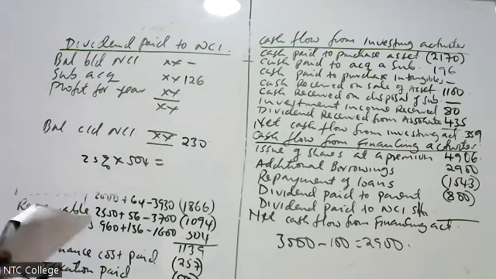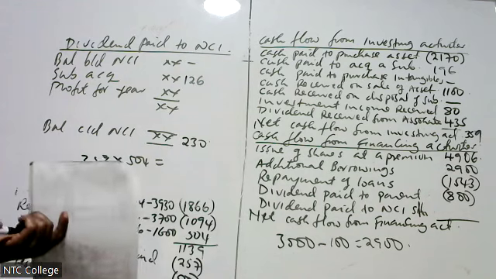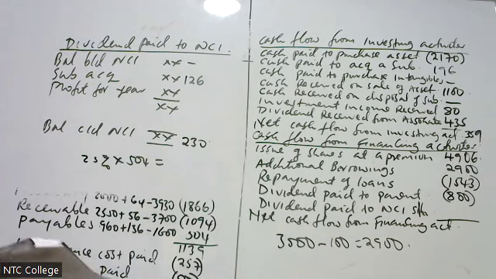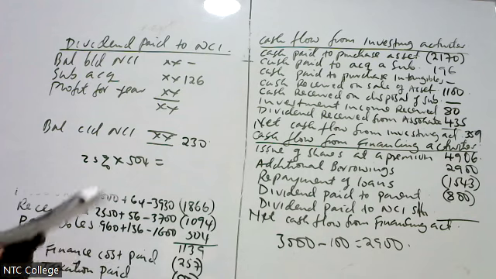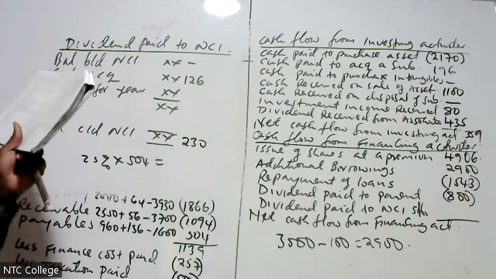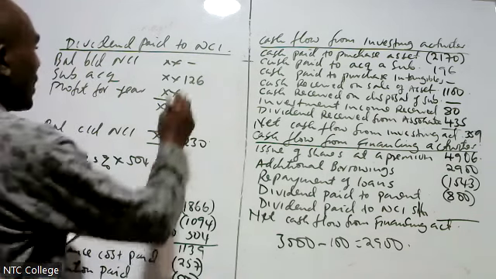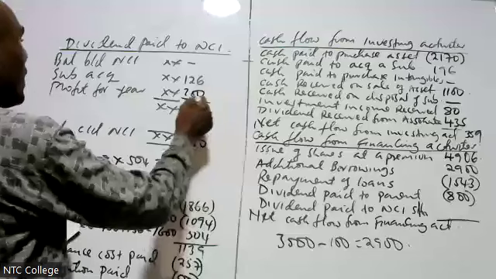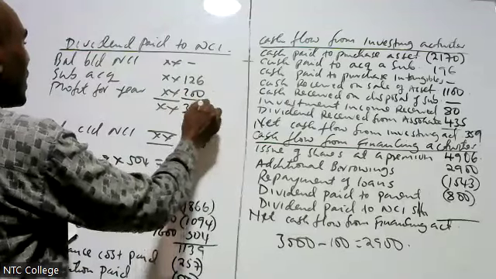Subsidiary acquired. We were not given the fair value, but we are just given the net assets, so we are going to measure it at the partial method or at cost. Then profit for the year, NCI, from the income statement, 200. Therefore, total is 326.